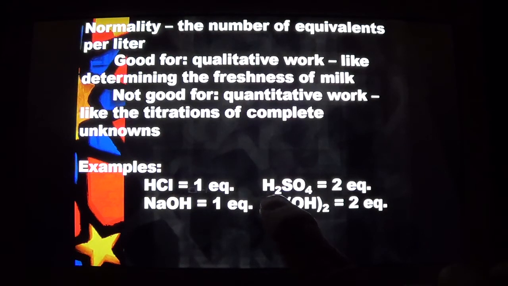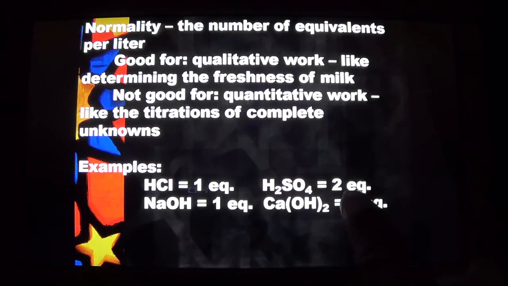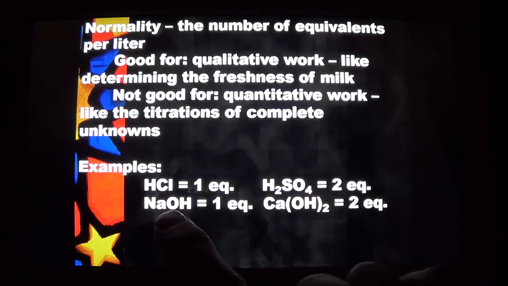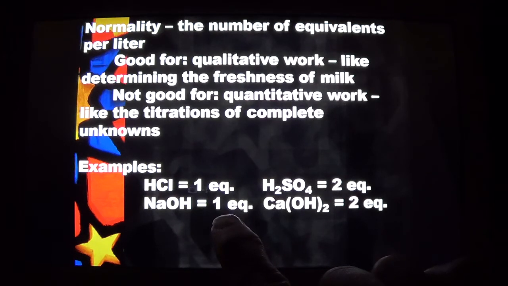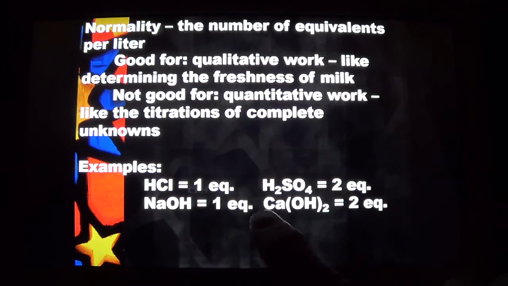But sulfuric acid gives us two hydrogen ions, so that would be considered two equivalents, or a normality of 2. And one sodium hydroxide gives us one hydroxide, so that's a 1 normality, whereas a calcium hydroxide would be a 2 normality.